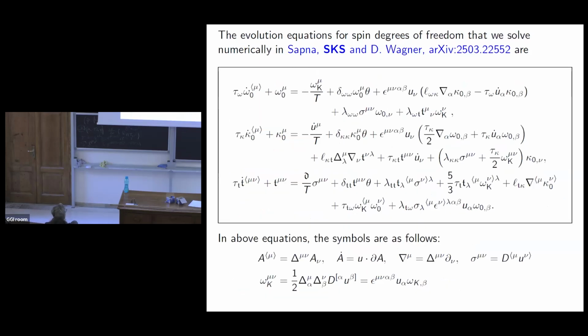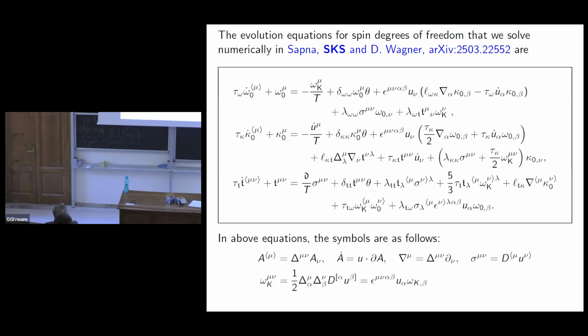So the equations derived by David, which we solve numerically, are shown here. The first terms on the right-hand side are the Navier-Stokes limits to which the quantities approach in the long time limit. The various terms which appear here are defined at the bottom.